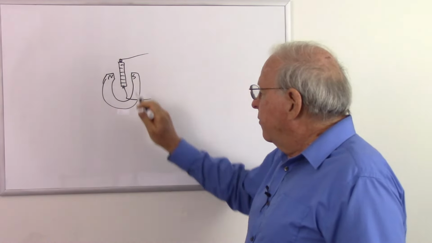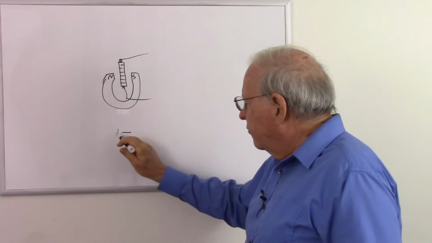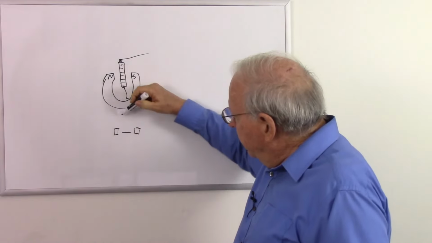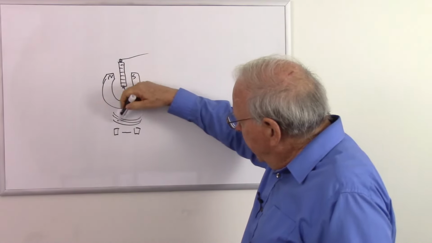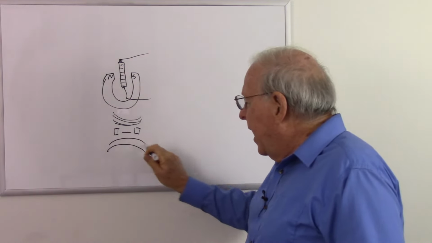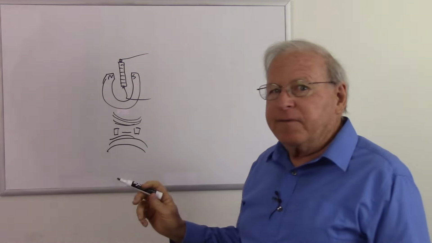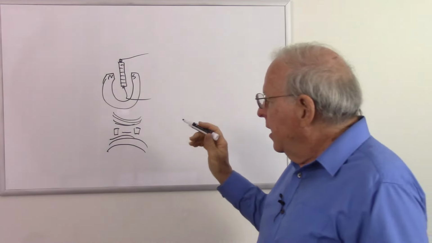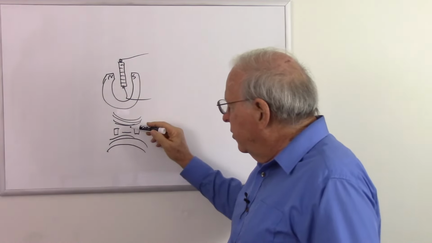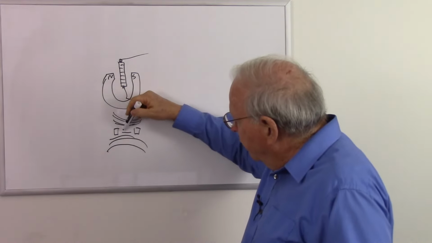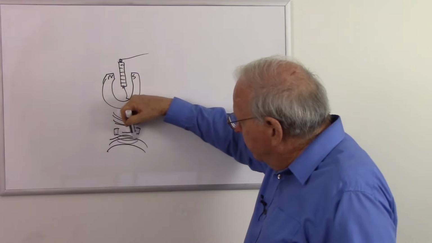But let's look at this from the top. There is our ribbon, there are our magnet poles, and sound coming from the front is going to make the ribbon vibrate. Sound coming from the back is going to make the ribbon vibrate. In this case, it's a velocity-sensitive microphone because it's not sensitive to the pressure, because whatever sound comes from the front also diffracts around to the back.